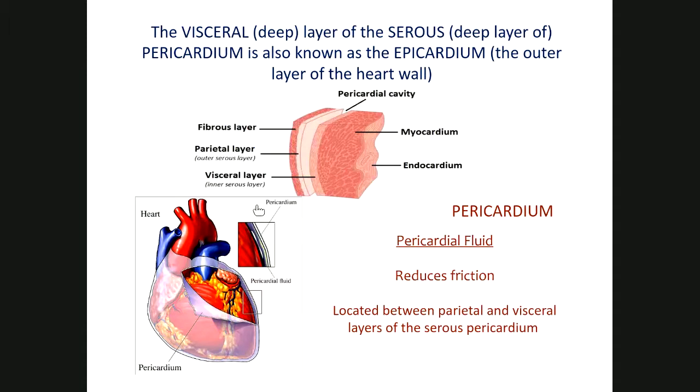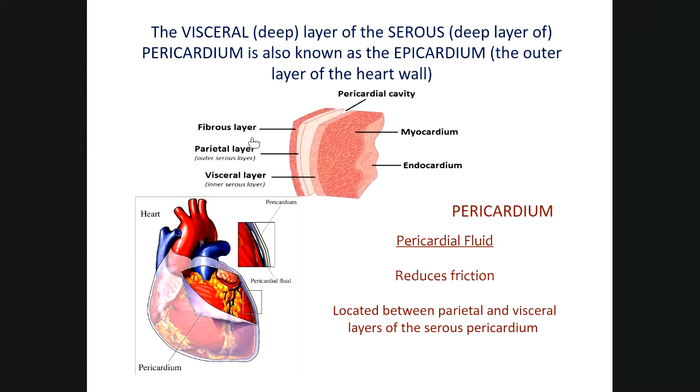So let's talk about the layers of the heart wall. Here we have the fibrous pericardium, which connects the heart into the pericardial space. It also prevents the heart from overfilling.